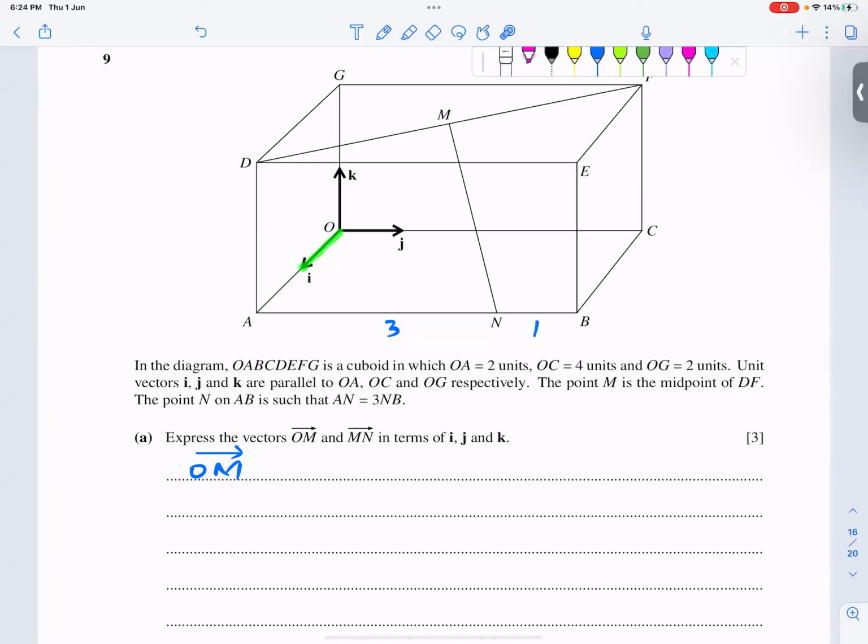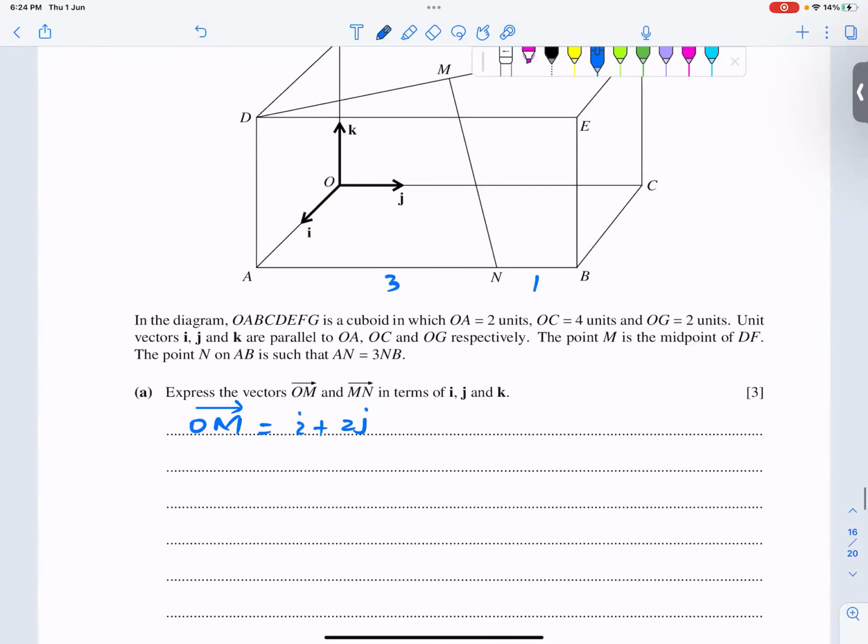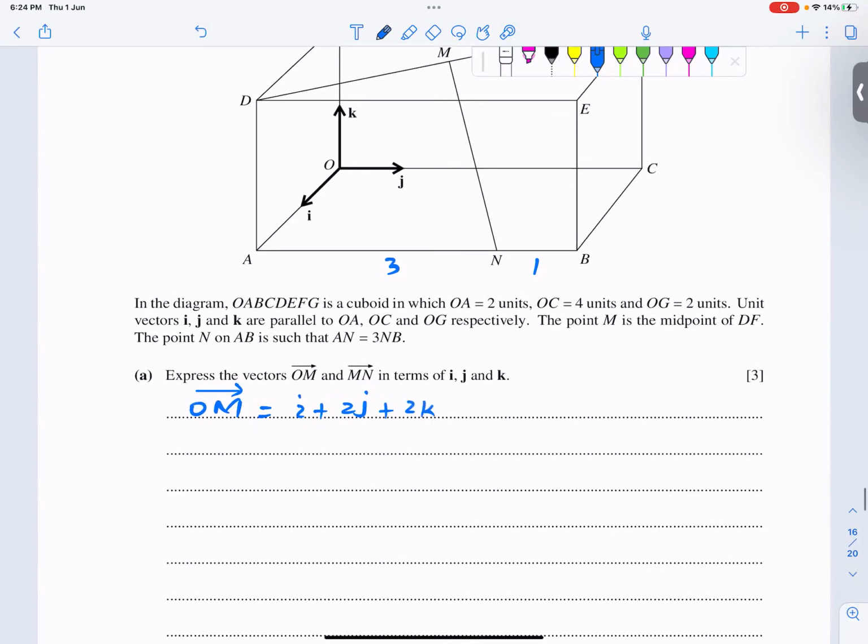Then we will go this way in the middle, and then we will go up to reach M. So this will be 1i plus, we are going this way, this will be 2j because the total is 4 but we will be in the middle. And then plus, we will go up till M, so we will use the total height that was 2. i plus 2j plus 2k.